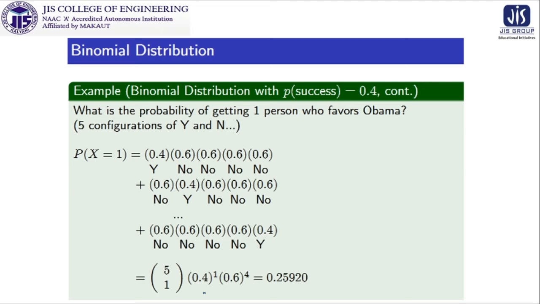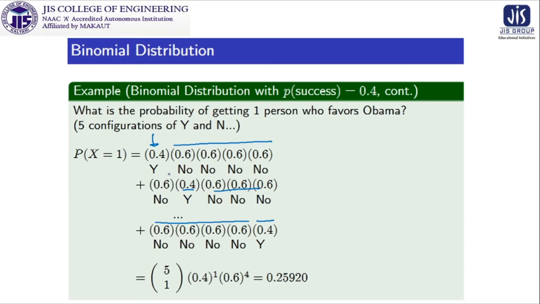If someone asks the next question, what is the probability of getting one person who favors Obama? One person will give 0.4 and the remaining will give 0.6, plus the case where the first one says no but the next one gives 0.4 and the others say no. In this manner the trials will give this particular case, until in the last case, the first four are saying no but the last one is saying yes.